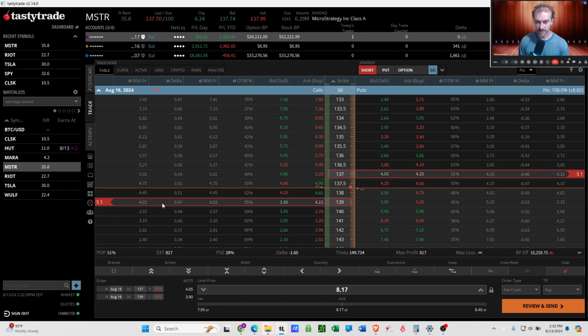And that is another way of creating a synthetic stock, a little bit different than the way that MSTY did it, but it's a valid process, and that's totally viable.